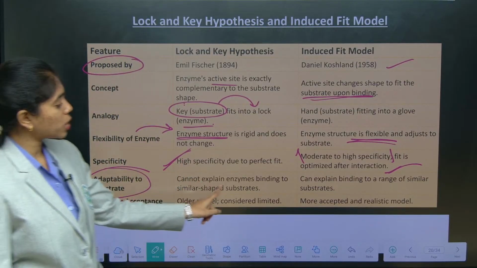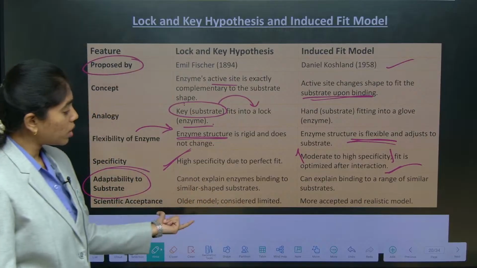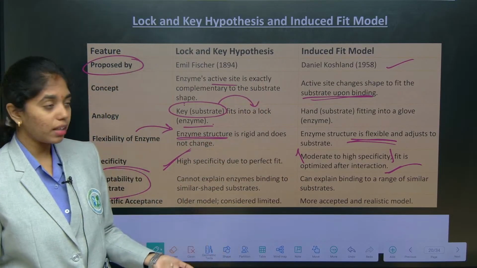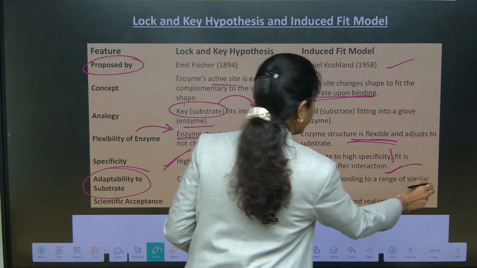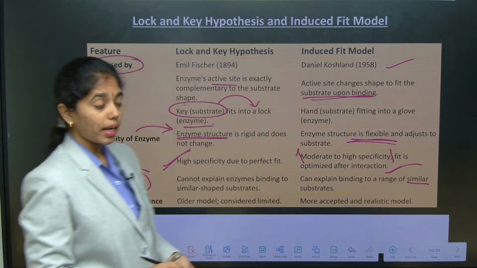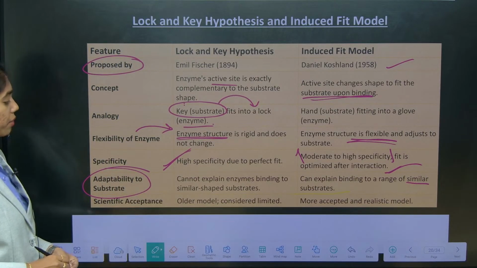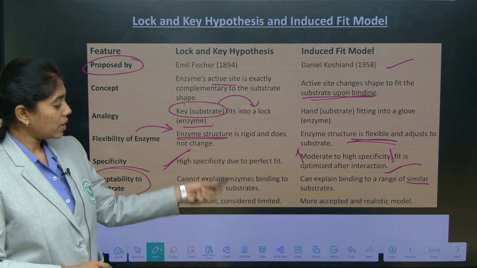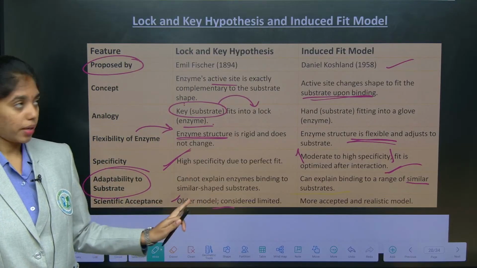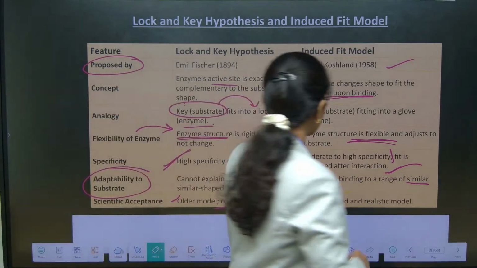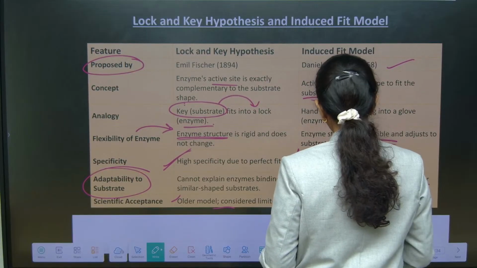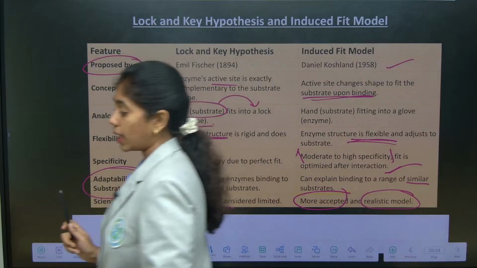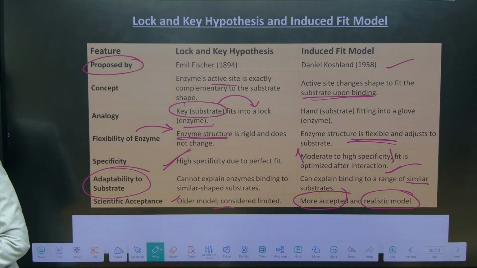Lock and key cannot explain the enzyme binding to similar shaped structures, but the induced fit model explains the binding to a range of similar substrates. Clear, right? Next, scientific acceptance. Lock and key hypothesis is an older model and is considered limited. Induced fit model is more accepted and realistic. Just take a screenshot of this comparative analysis, it is very important.